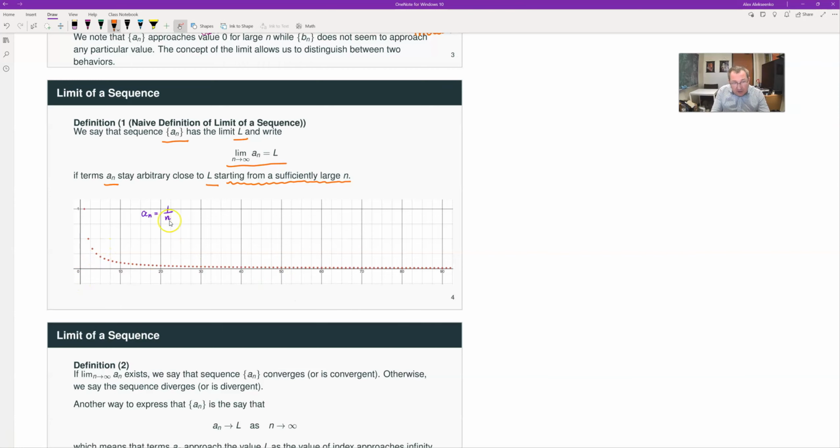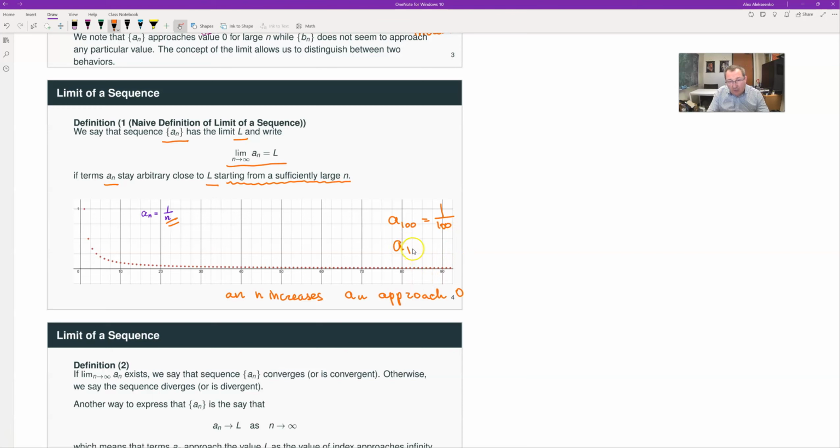Well, let's take a look at the sequence. Here we have an example, 1 over n. And we notice that as n increases, values a_n approach 0. And we can look in detail. For example, a_100 will be equal to 1 over 100.